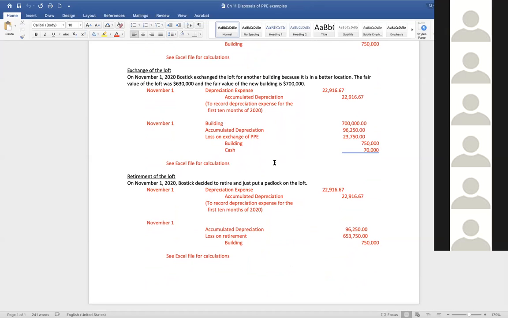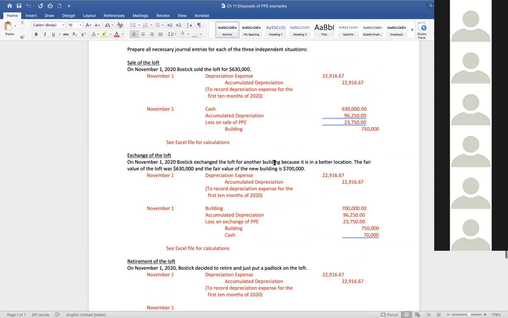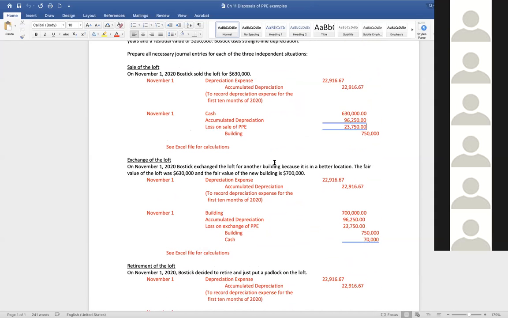So on November 1st, the same date, Bostic, instead of selling the loft, exchanged the loft. She found another building in a better location, and so she decided to contact that owner of that loft. And they said, sure, we don't mind having your location.